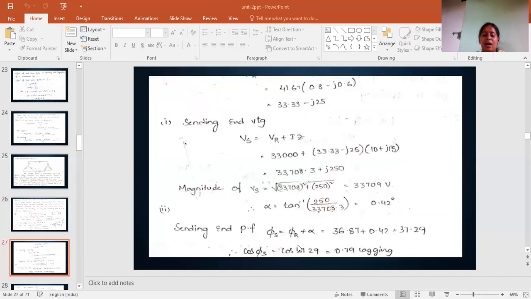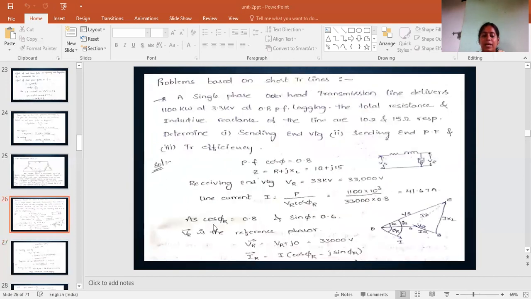So phi r, we know the phi r value is 36.87, from cos phi r equal to 0.8. So phi r equals cos inverse of 0.8.